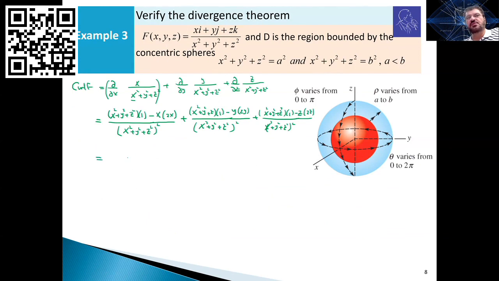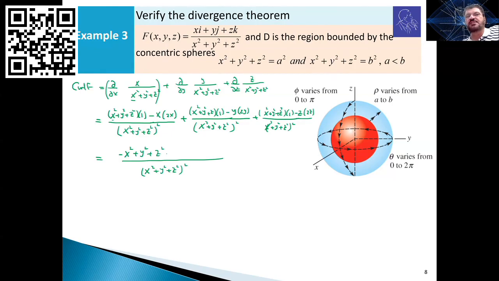This is equal to, they all have the same denominator. So I'm going to take x squared plus y squared plus z squared, all squared. Now look at this one: x squared plus y squared plus z squared minus 2x squared. So x squared minus 2x squared is minus x squared. So you have minus x squared plus y squared plus z squared.